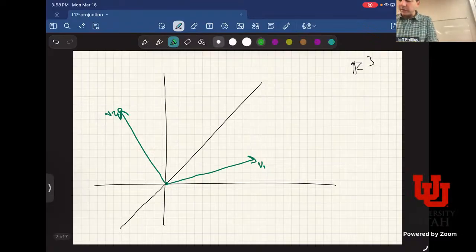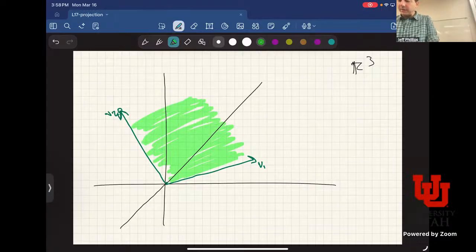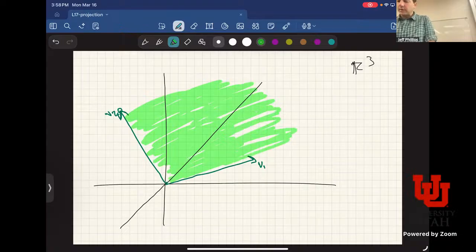And so these will give some basis for a subspace here. So I can think of there being this 2-dimensional subspace that lives in here. These are not necessarily sitting on a 2-dimensional plane, but they're 2 vectors coming out, and there's a subspace, a 2-dimensional piece of paper.